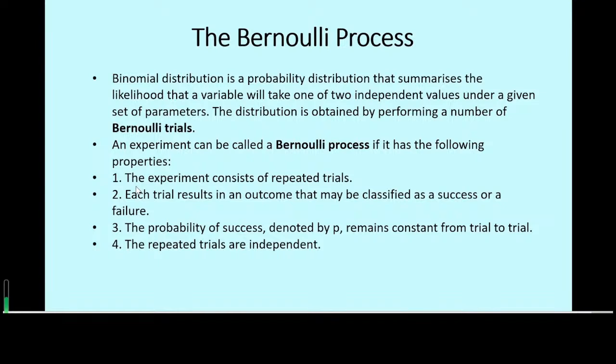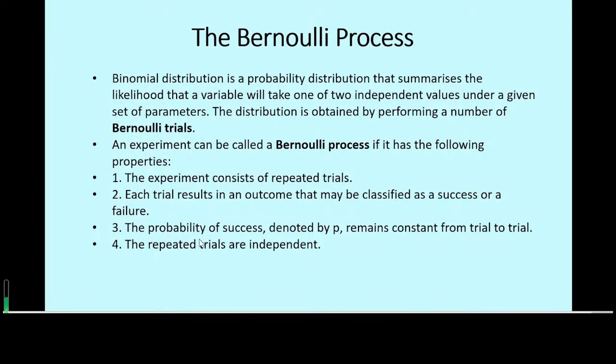An experiment can be called a Bernoulli process if it has the following properties. First, the experiment consists of repeated trials. Second, each trial results in an outcome that may be classified as a success or a failure. So the result of a Bernoulli process is binary: yes or no, success or failure.